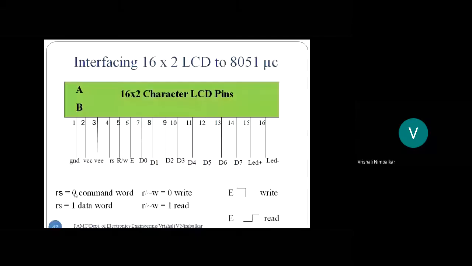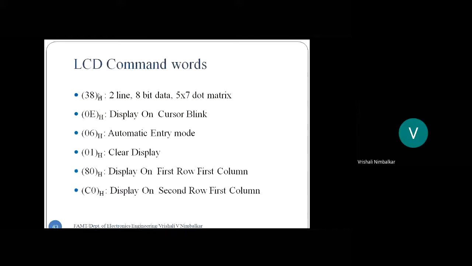The microcontroller is writing into it, so R/W bar will be 0, and the microcontroller is activating the write operation, so the enable pin will have a falling edge. So 38 hex is placed on the data lines, then the microcontroller activates the control signals, and that 38 hex will be taken by the LCD.